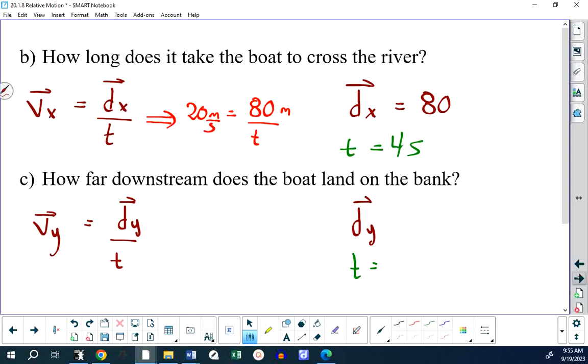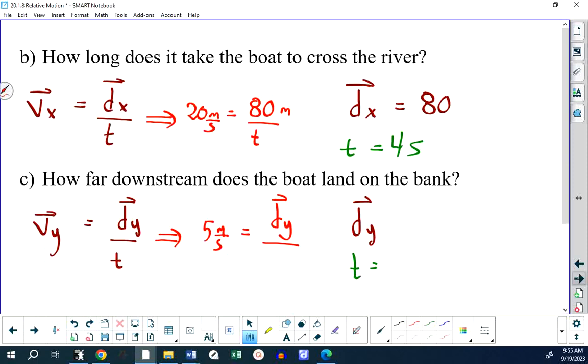So what happens is I put into this formula the velocity, which is a paltry 5 meters per second of the river. 5 meters per second equals the answer to this question over the, wait a minute, we don't know the time. Do we know the time? It's 4 seconds.